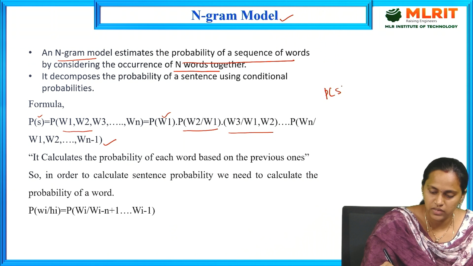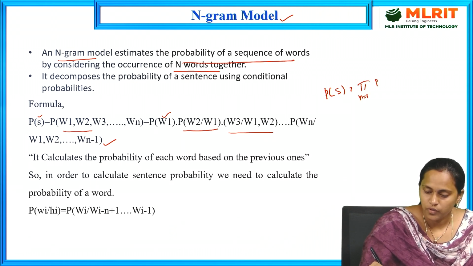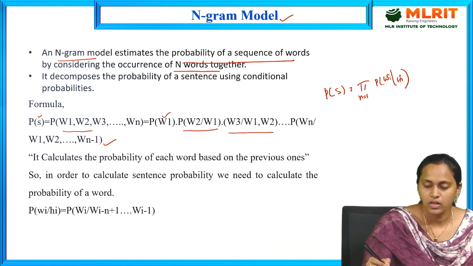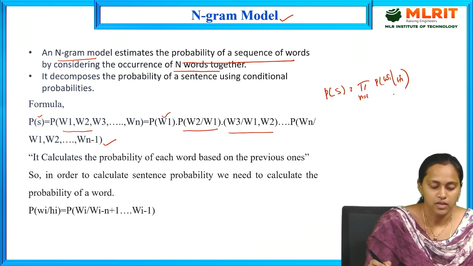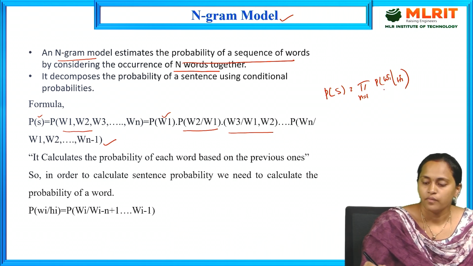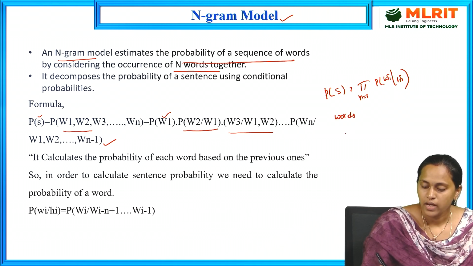Probability of S equals the product over i equals 1 to n. This is another formula, the overall formula. Here wi is the word and hi is the history of the word.